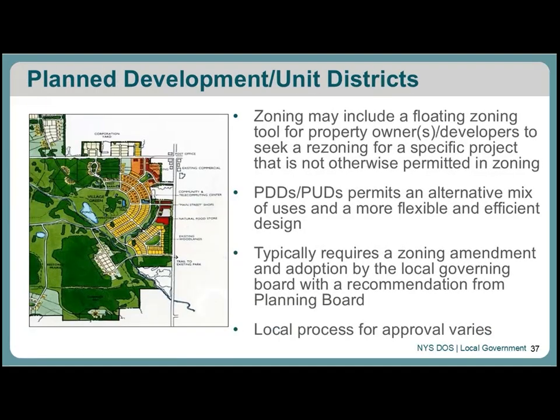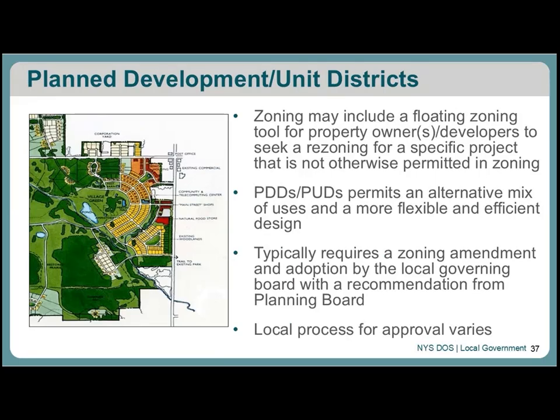Then there is planned unit development, or planned development districts. Zoning might include a floating zone tool that allows for the creation of planned development or planned unit development districts. And this tool allows for an alternative mix of land uses and development configurations than what is otherwise permitted, through rezoning of the property for a specific project that comes before the municipality.